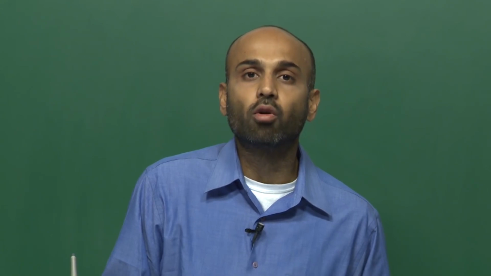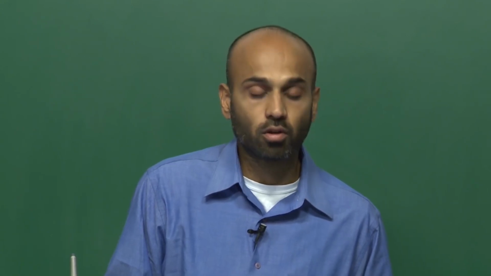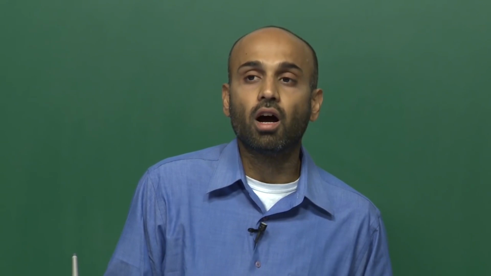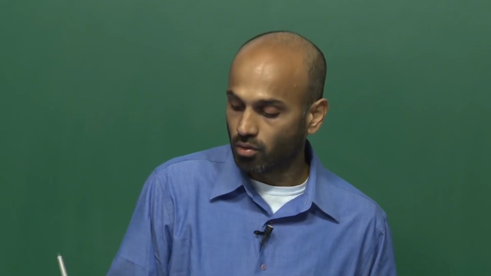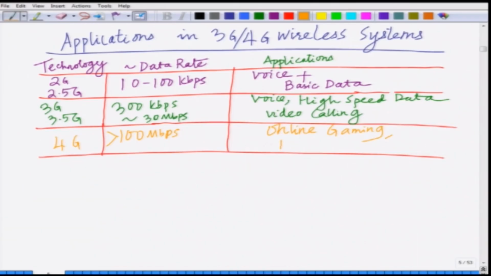Also high definition video conferencing, multi-party video conferencing, also HDTV, transmission of high definition TV content. So online gaming, video conferencing, multi-party video conferencing, HDTV, all these are applications that are made possible by the fourth generation of wireless communications systems.